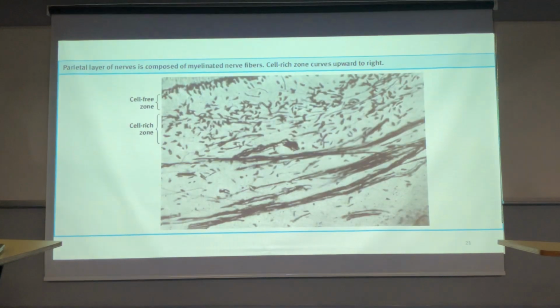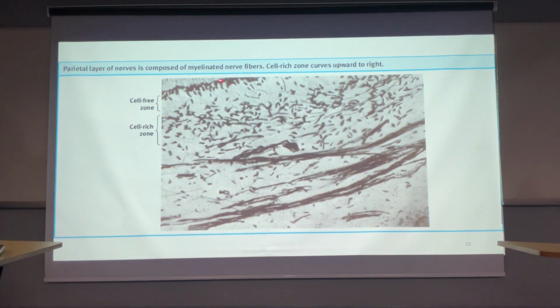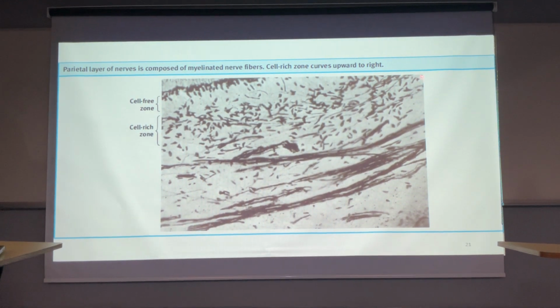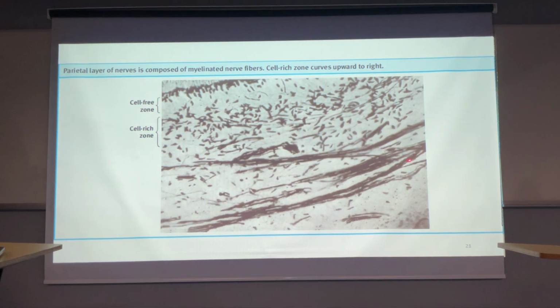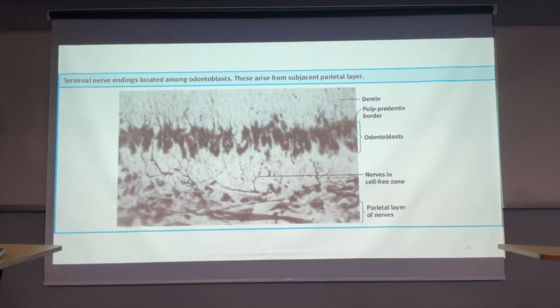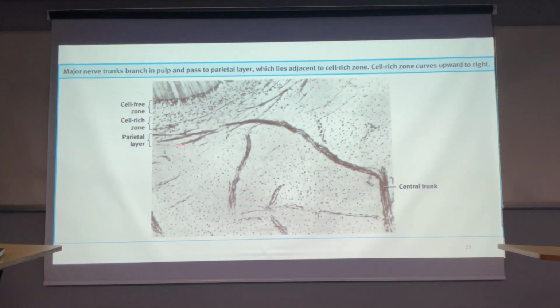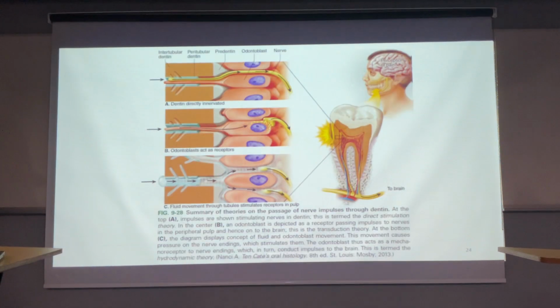Here we go. And again, in this part, we can see our cell-free zone, odontoblast cell layer, cell-rich zone, and what is the name of this layer? Parietal layer. Again, you can see the same structures. Look at these nerve fibers.